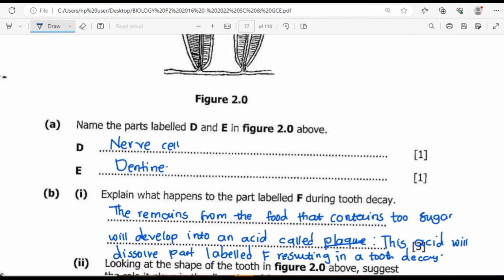So dental decay or dental caries, it's the same thing. If the question explains this, just know that you are dealing with tooth decay.